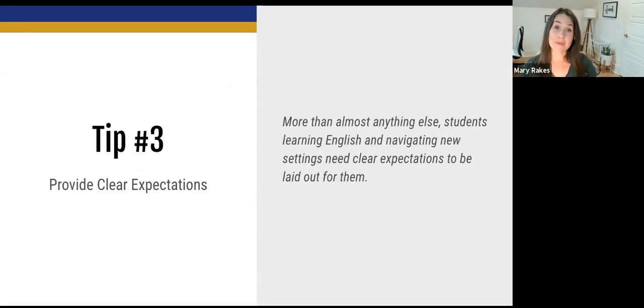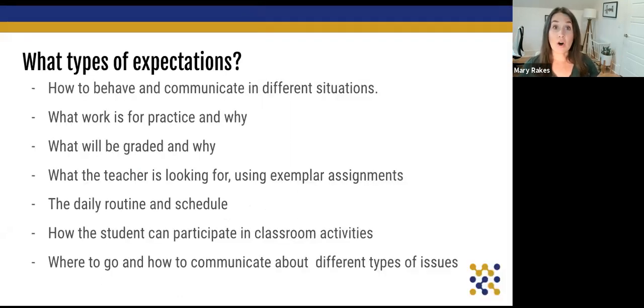All right, and our last tip is to think about how we can provide our students with really clear expectations. More than almost anything else, students learning English and navigating new settings need clear expectations to be laid out for them. And we want to think about all the expectations that students have during the day. So we're not just talking about classroom expectations in terms of work, but also expectations about how to behave and communicate in different situations.